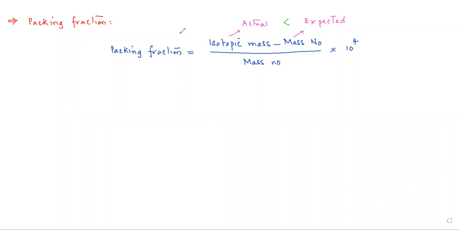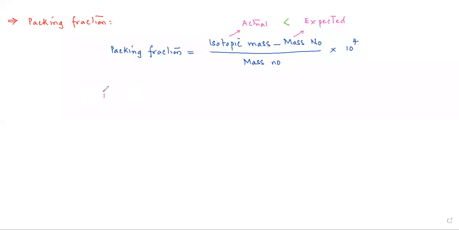It is actually because during the formation of a nucleus, some amount of mass is lost in the form of energy. So the actual one will always be less when compared to the expected or theoretical one. So packing fraction is in general negative.